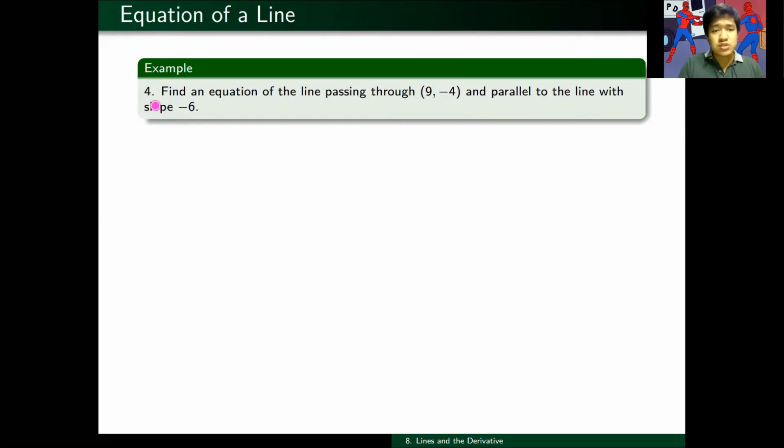I can now use the point slope form. Okay? So this is my point, x0, y0, 9, negative 4, and my slope is negative 6. Okay? So using the point slope form, I get y minus negative 4 equals negative 6 times x minus 9.